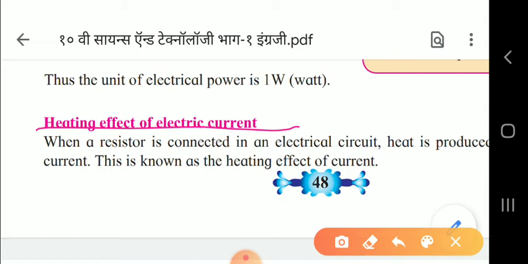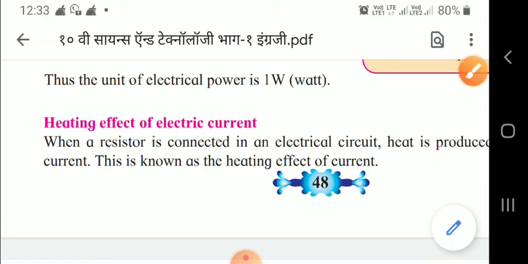Same way for the heat, H is equal to V into I into T, or H is equal to I square into R into T, and the third one, H is equal to V square into T upon R. So this way we can solve the numericals with the help of these.